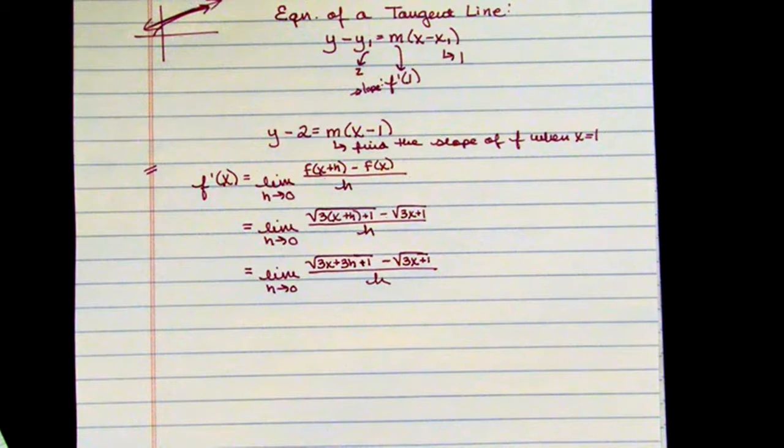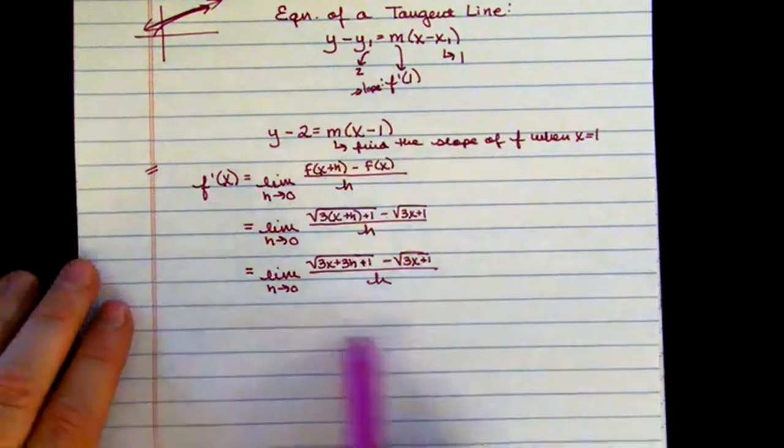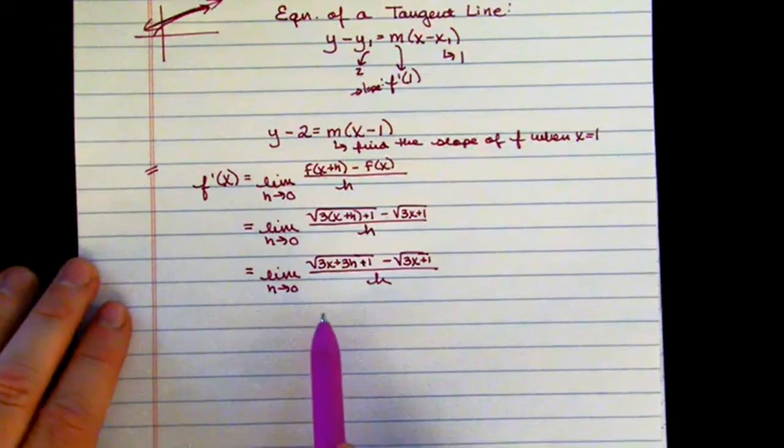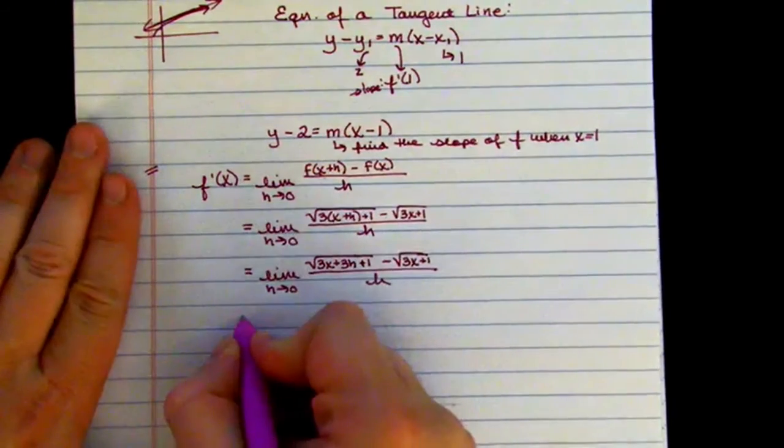I should probably plug in 0 for h, but if I do that, I'm going to get 0 on the top, 0 on the bottom. I need to do some simplifying with this limit because I'm getting 0 over 0. Do you remember a method from Unit 1 that'll help us? Hopefully, you said, or typed into Edpuzzle, rationalize the numerator. And that's exactly what I'm going to go do.